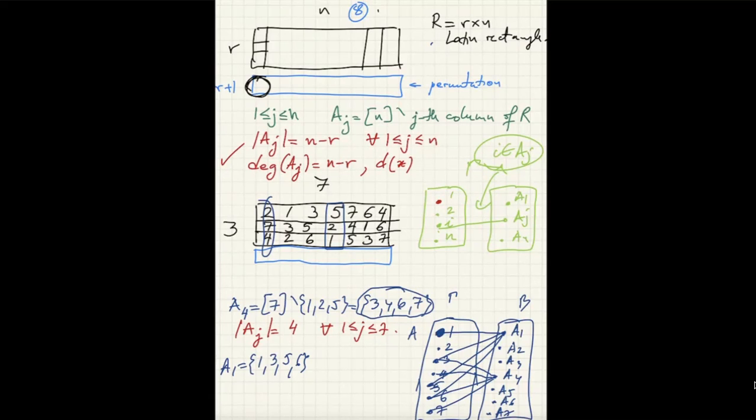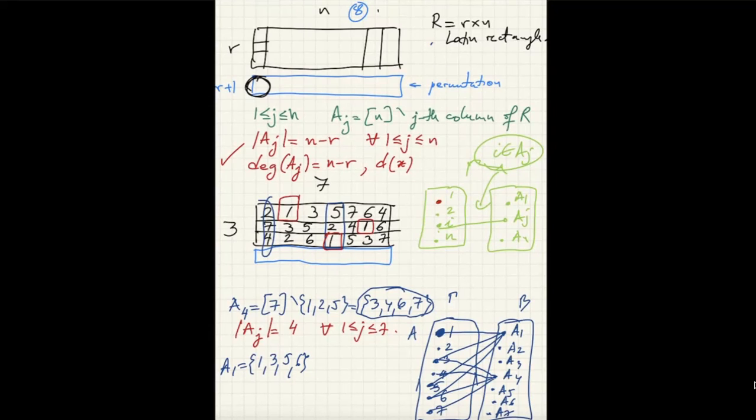Well, if we look at the element 1, we see that it appears in this Latin rectangle in exactly 3 distinct columns, because each row is a permutation of the numbers from 1 to 7. So the element 1 appears in each row, but because of the property of a Latin rectangle, we don't have any repeats in the columns.